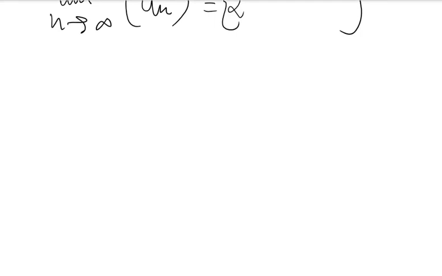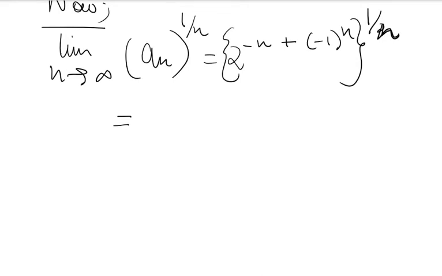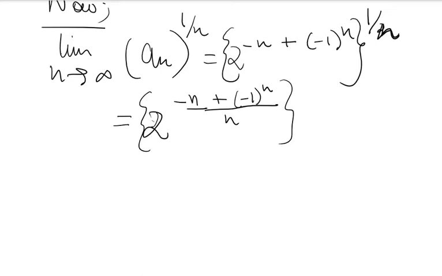So what does a_n now become? a_n now becomes 2 to the power minus n, plus minus 1 whole to the power n, and this whole thing is raised to 1 by n. So eventually you have 2 to the power minus 1, plus minus 1 to the power n divided by n.